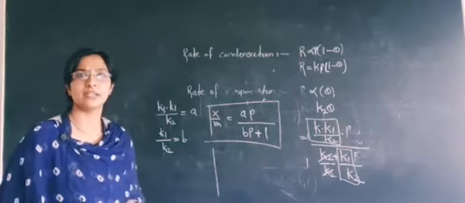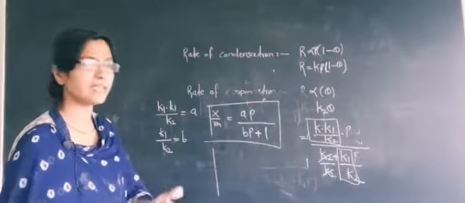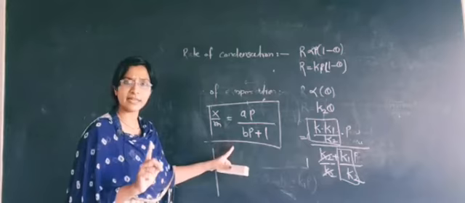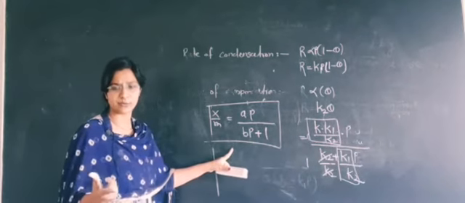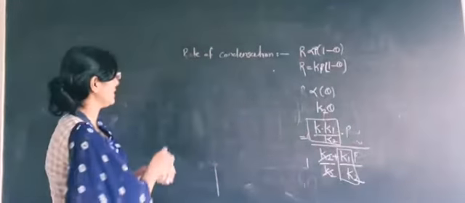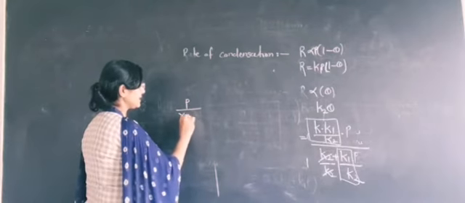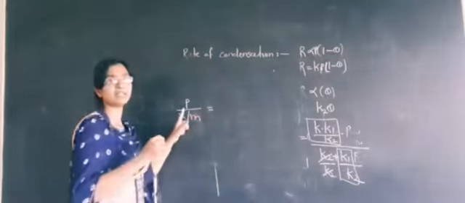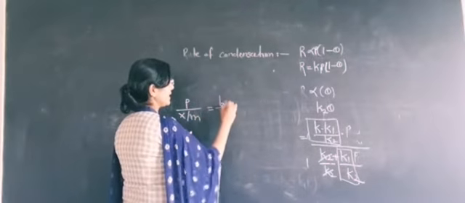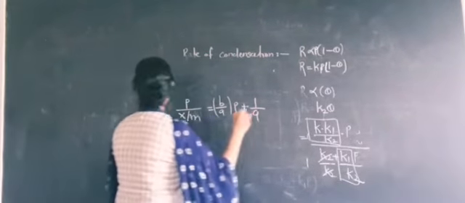To verify it, Langmuir divided this equation by P and then took the reciprocal. He got the equation P by x by m is equal to B by A into P plus 1 by A.